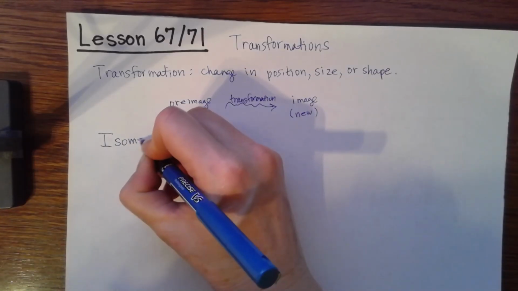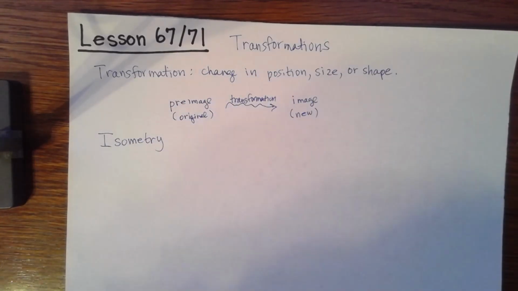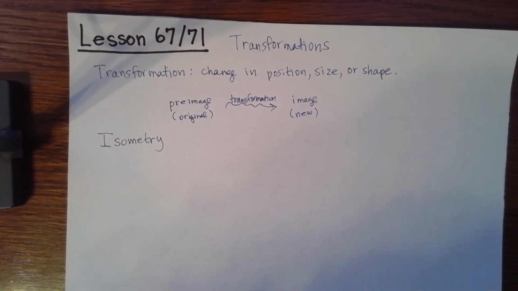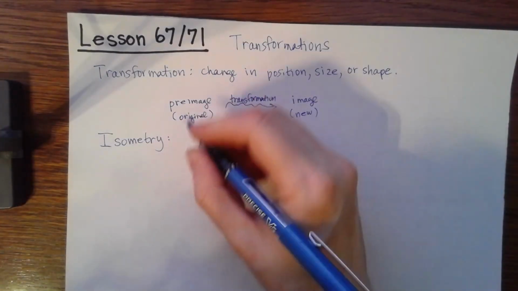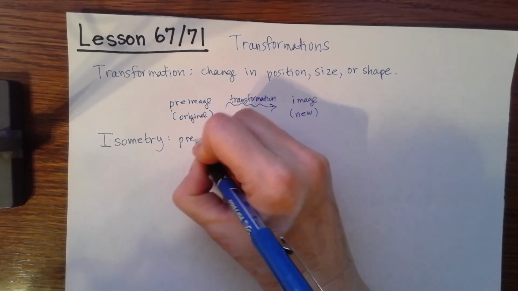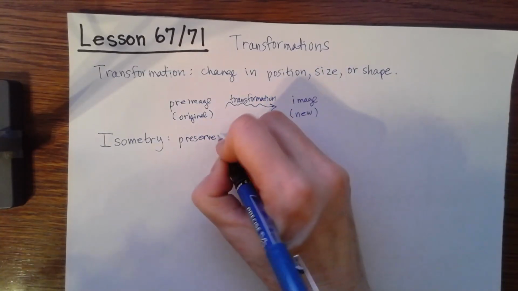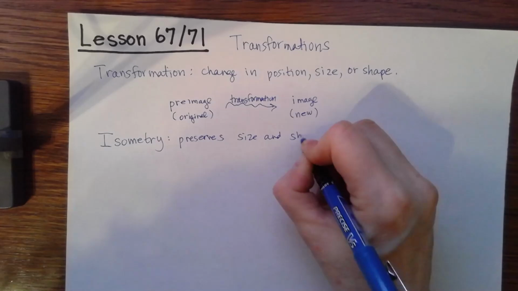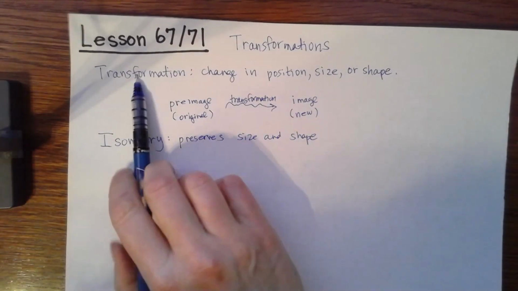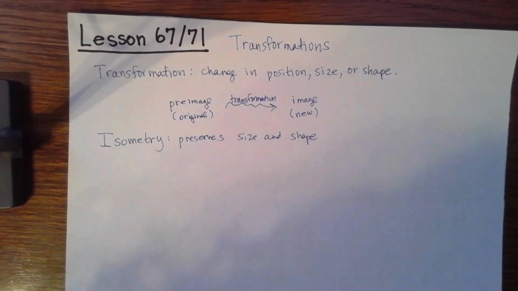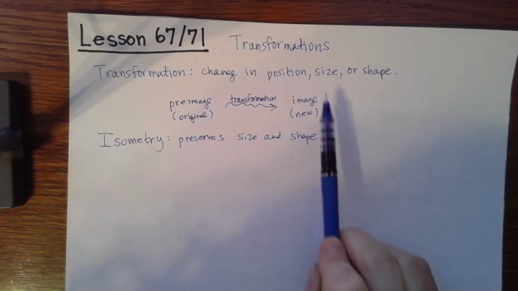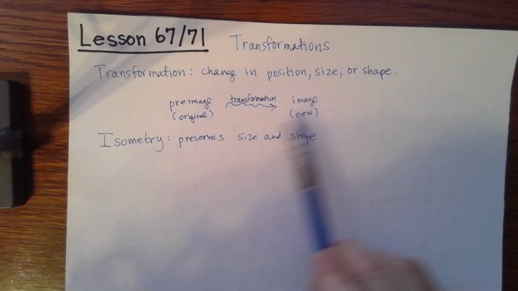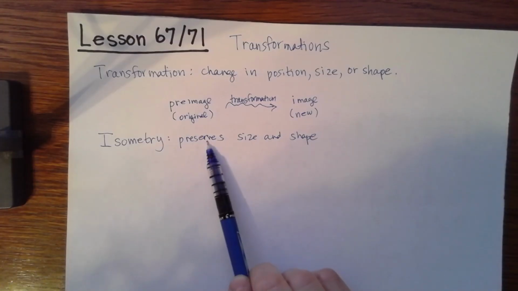So an isometry is a special kind of transformation that preserves the size and the shape. So in general, transformations could change position, size, shape, or all three of those. But the isometry is not going to change the size, and it's not going to change the shape. It's going to preserve those.